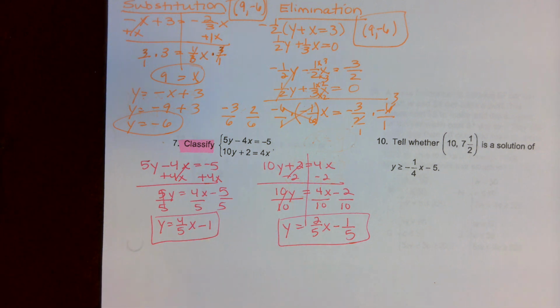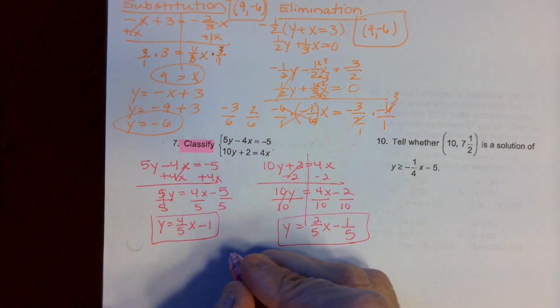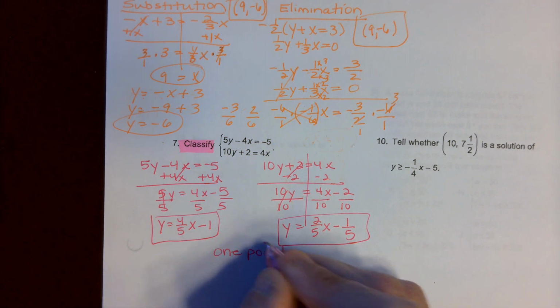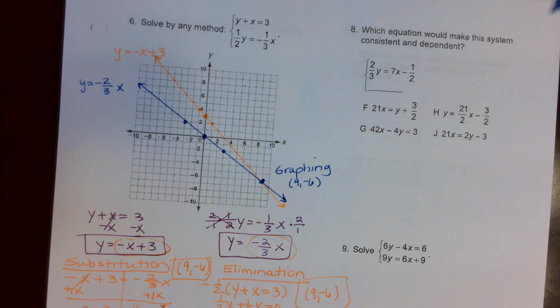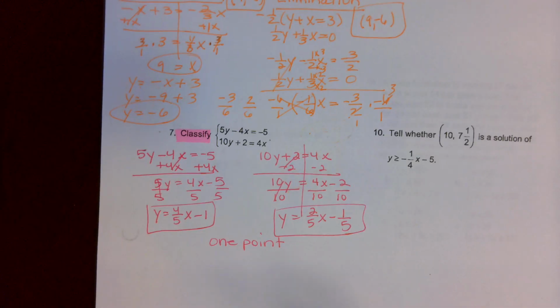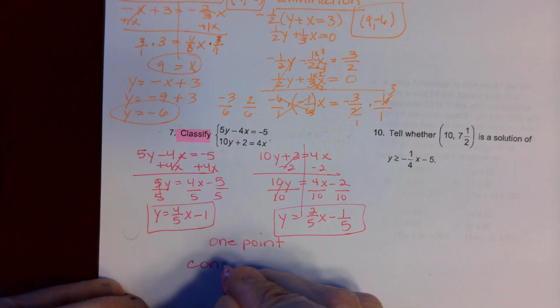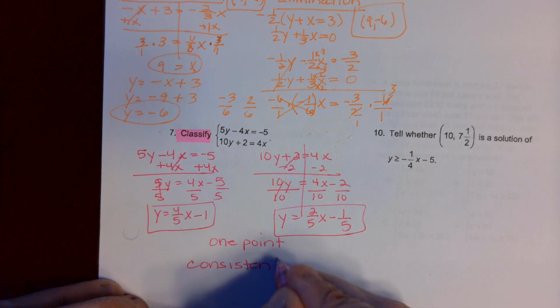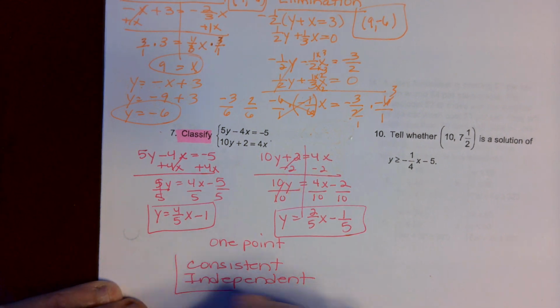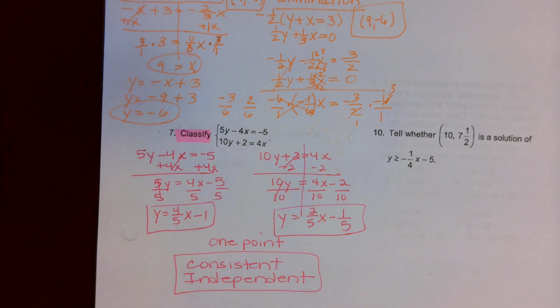We've got two completely different lines that cross in how many points? 1 point. And therefore, it is consistent and independent. That is the proper classification.